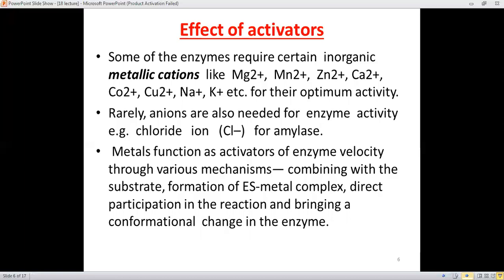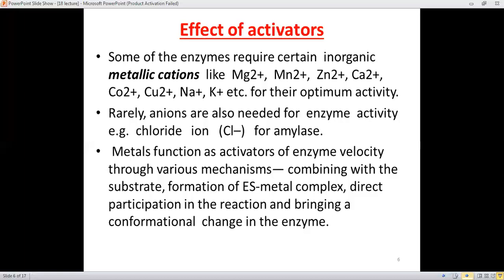Some of the enzymes require certain inorganic metallic cations, most predominantly the cations like magnesium, manganese, zinc, calcium, cobalt, copper, sodium, potassium. There are certain enzymes which require these cations, and why do they require these cations? For their optimum activity.